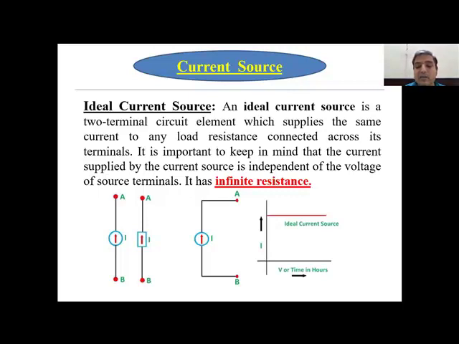One of the important properties of the current source is that it has infinite internal resistance. Voltage source has zero internal resistance, and current source has infinite internal resistance. And we will see why it is taken as an infinite value.